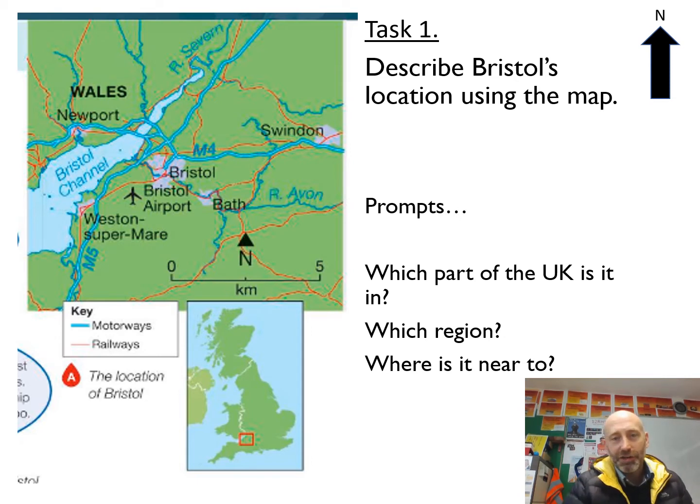Which region is it in? Remember, think about regions as south, southeast, southwest. Use the compass to help. And then what's it near to? What are the other main towns, rivers, roads that Bristol is located near to? Give a proper, decent description of Bristol's location. Pause the video now, give yourself 5 minutes.